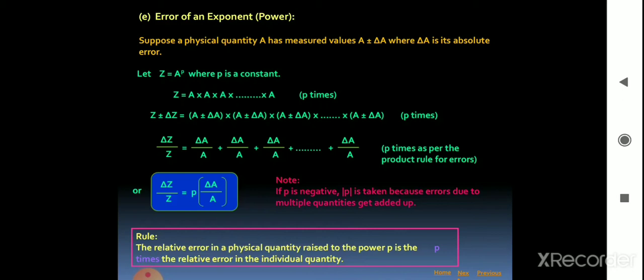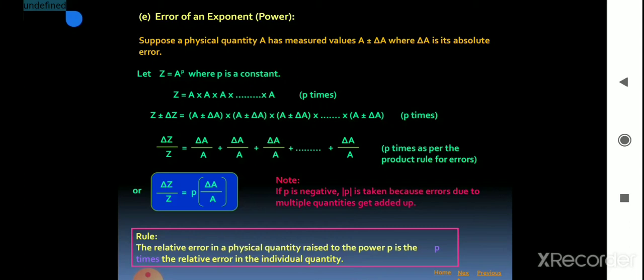Then we can write z is equal to A raised to the power p, where p is a constant, that we can write z is equal to A into A and so on, p times. That is z plus or minus delta z, A plus or minus delta A into A plus or minus delta A, and so on, p times.